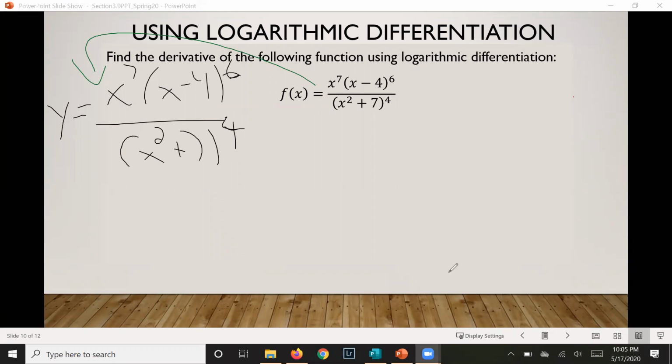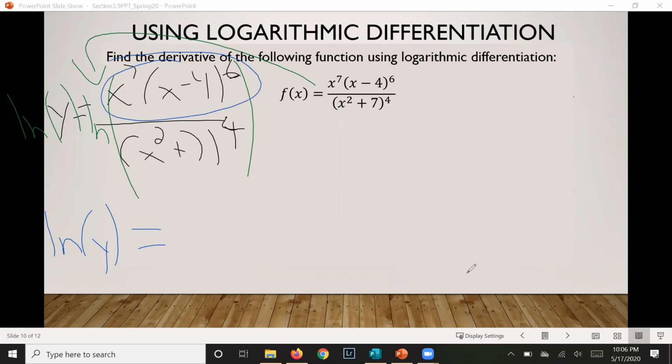So on the left-hand side, we now have ln of y equals, well, over here on the right, we have ln of the top divided by the bottom.